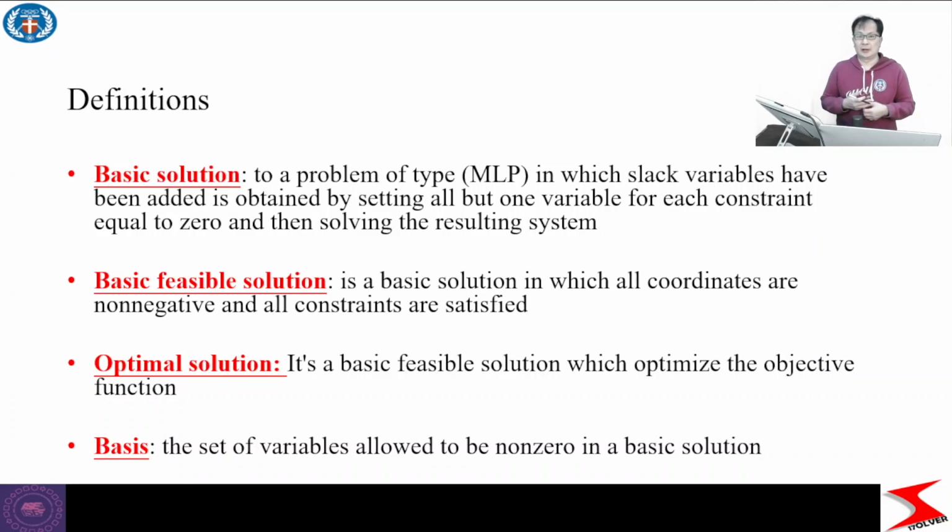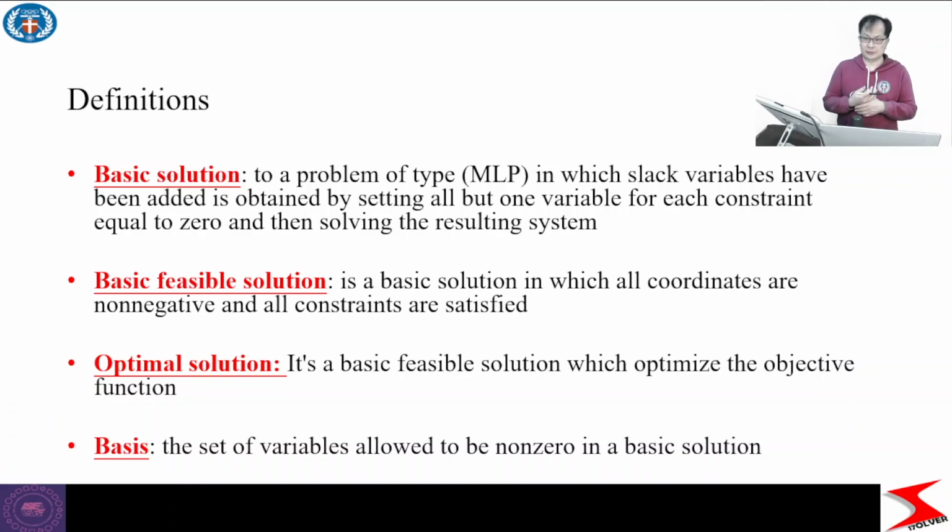Now we give more detail about the terminology of solutions. The first is the basic solution. What is a basic solution? We add slack variables to the original constraints, set all but one variable for each constraint equal to 0, and then solve the resulting system.